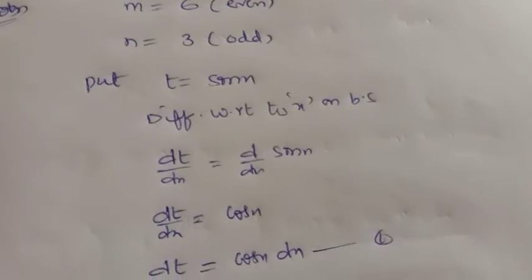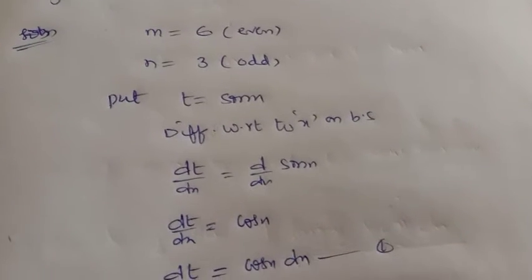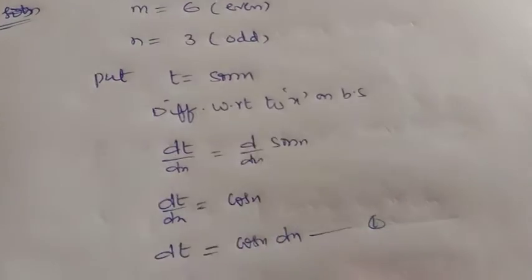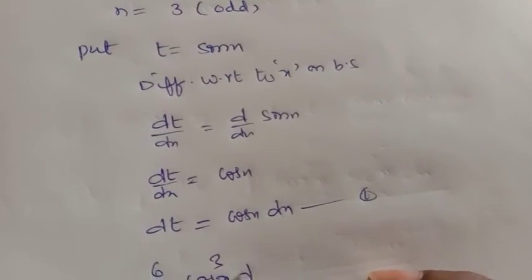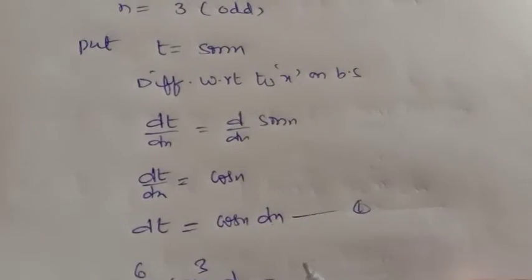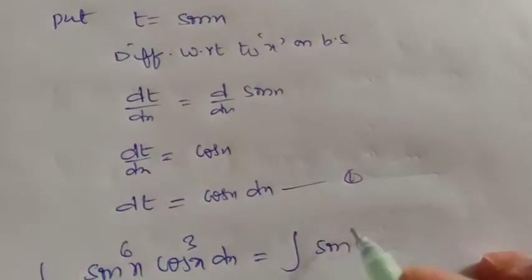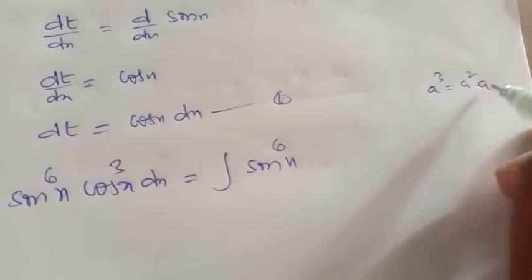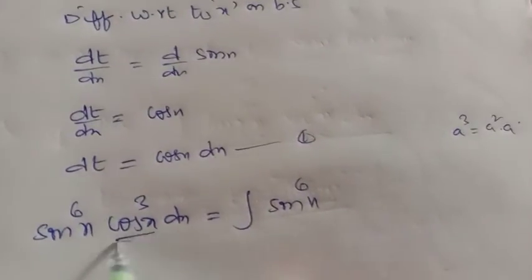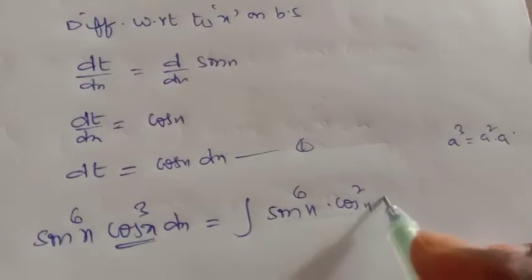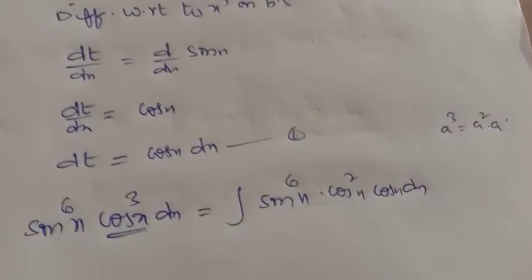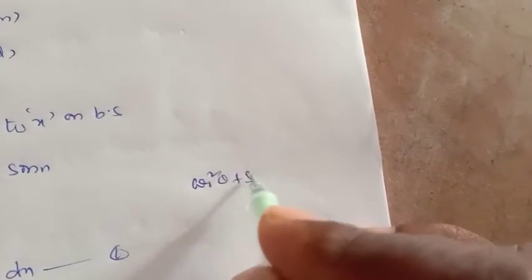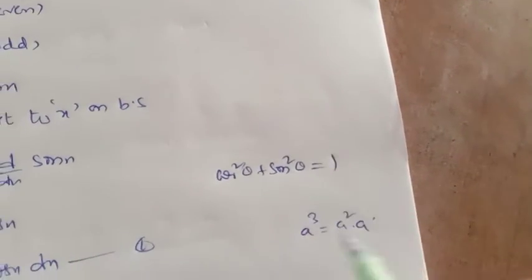Take this as equation number 1. Therefore the given problem is integral sin power 6x into cos cube x into dx. Here we write sin power 6x, and a cube we can write as a square into a, so cos cube x equal to cos square x into cos x dx. Again we have the formula cos square theta plus sin square theta equal to 1.